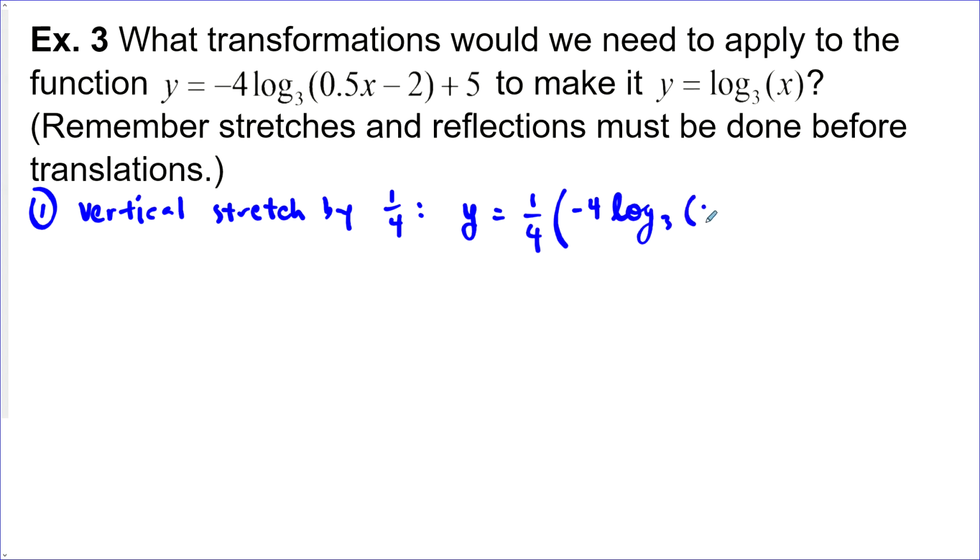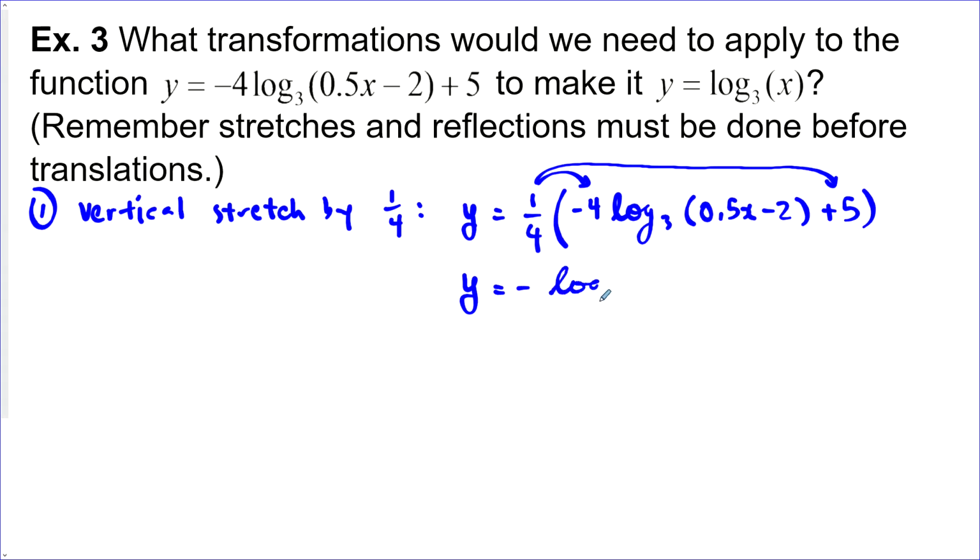And the rest of the function stays the same. And now let's multiply in the quarter. There's one term here, and there's another term at the back there. So this would turn into negative log base 3, 0.5x minus 2 plus 5 over 4.